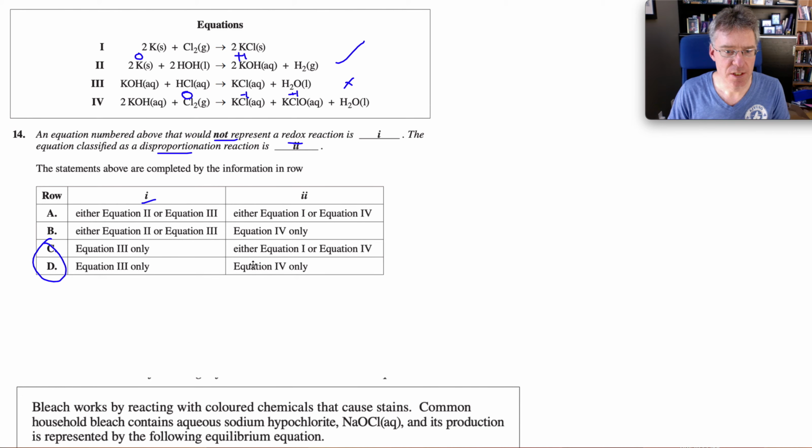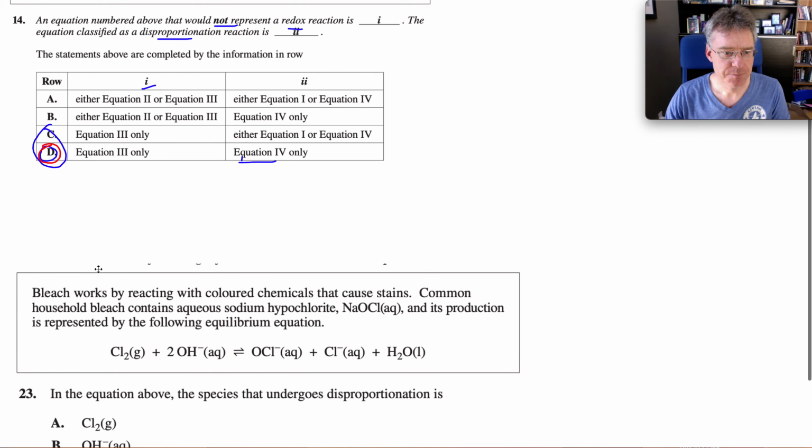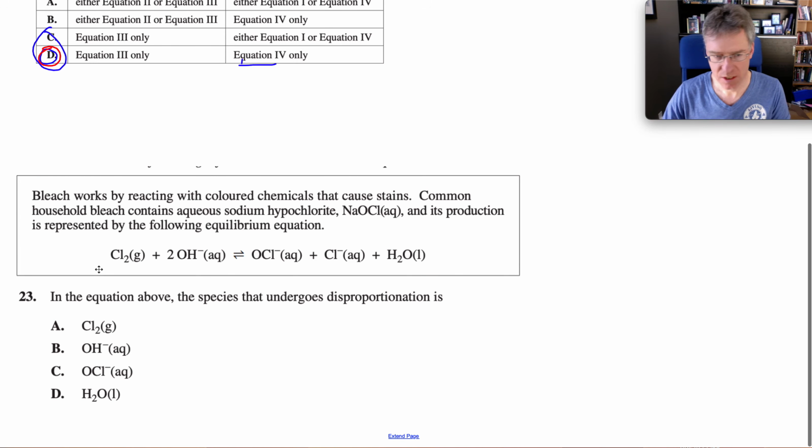So 4 is disproportionation. So that makes the correct answer just D. A little confusing where I circled C and D, breaking it down, but D is the final answer. So disproportionation, you're just using your oxidation state skills and looking for that same species, in this case, the elemental chlorine, losing and gaining.